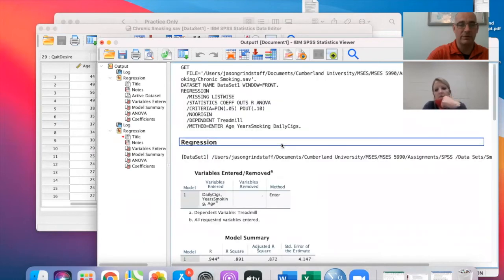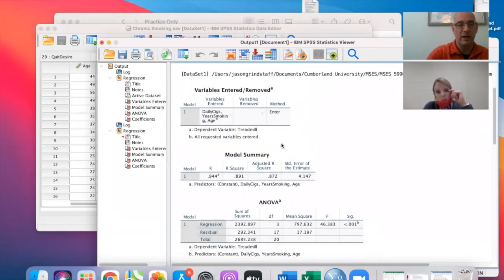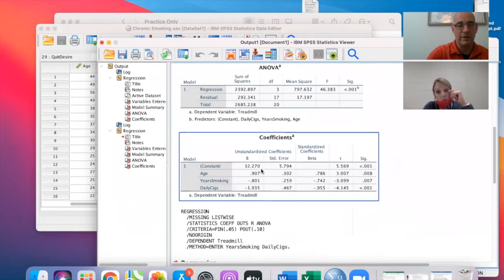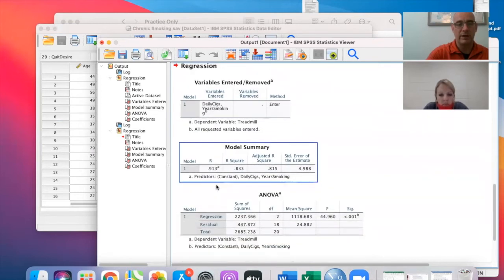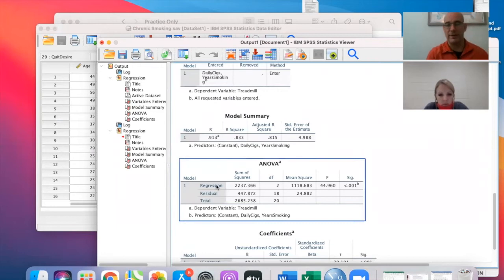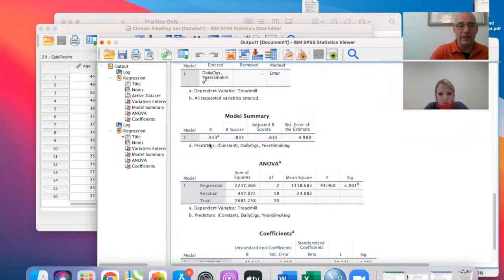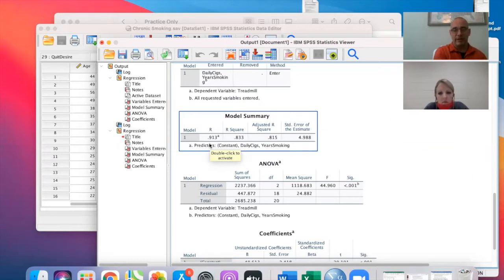We have our first regression model up here that had our 3 independent variables: age, years smoking, and daily cigarette use. Now we look at our next regression model. This is our 2-factor model. Now, what's the correlation of the combination of the 2 independent variables with our treadmill test?